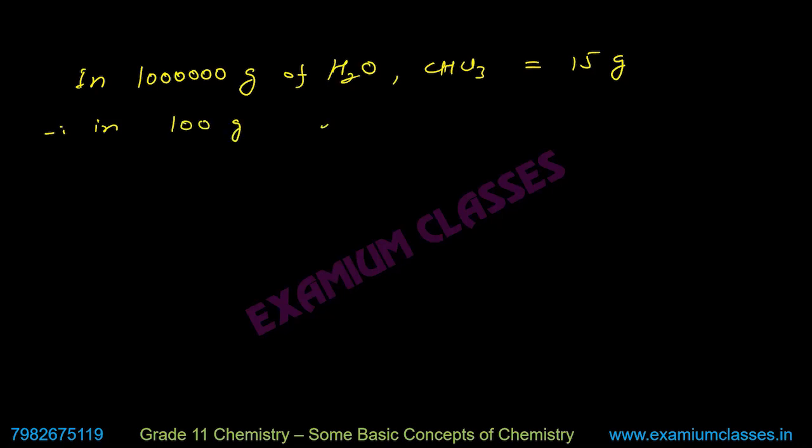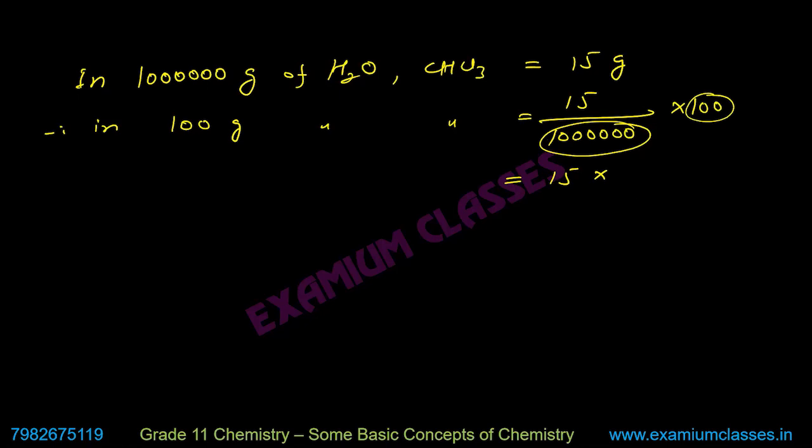Why in 100 grams? Because we have to calculate percentage. 15 divided by 1 million into 100, that is 15 into 10 to the power minus 4. Why 10 to the power minus 4? This will be 10 to the power minus 6. It will be 10 power 2. So 10 power minus 6 plus 2 will give you minus 4. That is 1.5 into 10 to the power minus 3.